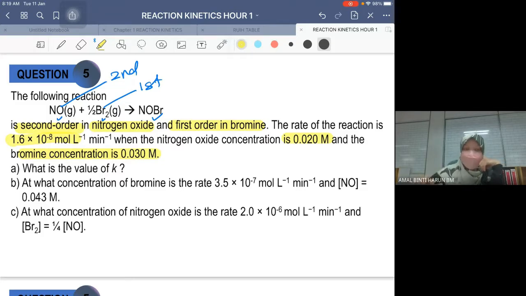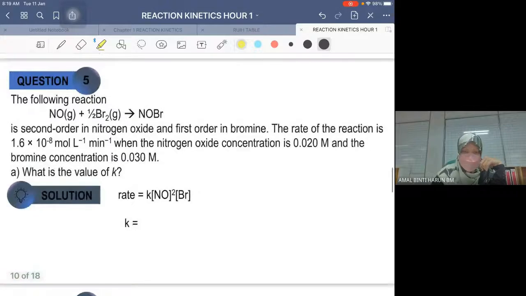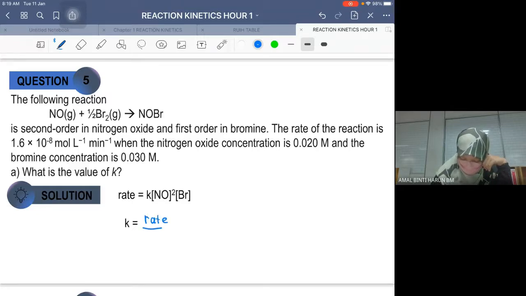How do we solve this? We have the concentrations, we want to find k, we have the rate, and we already know the order. So we write the rate law, because the rate law relates rate, concentration and k. It is second order in NO, first order in Br.